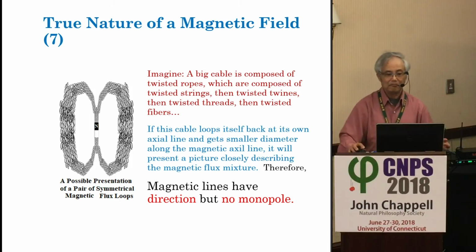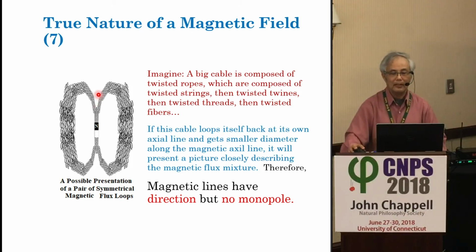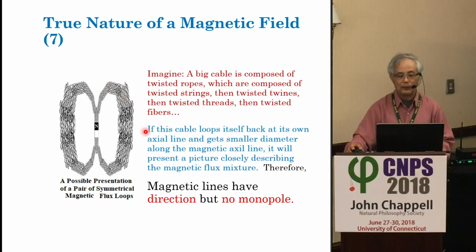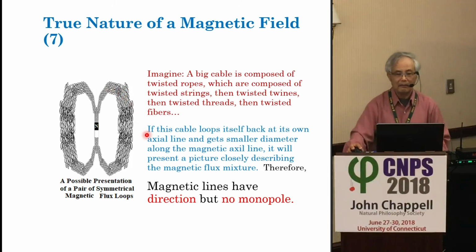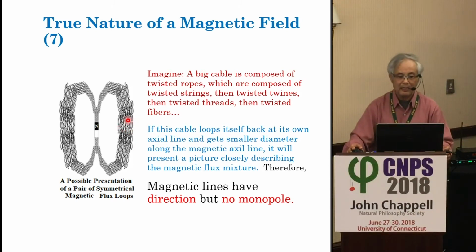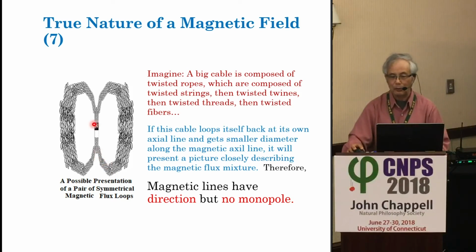Okay? So it cannot go any further. It has to find a weaker place to go. And gradually, over here, the same thing. If it wants to go further over here, the intrinsic pressure of the ether wants to return it to normal state. So this twist has to come back to a certain place, and gradually it finds the best place to go back. That should loop back to itself.